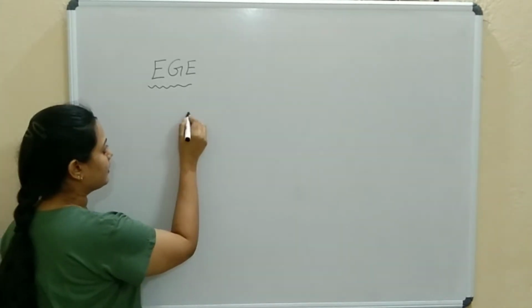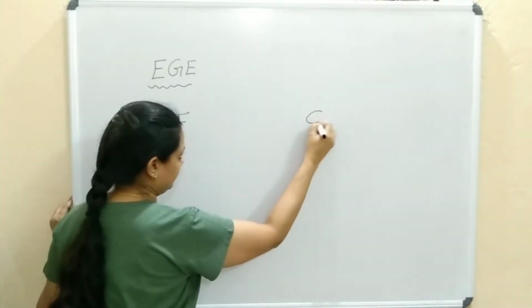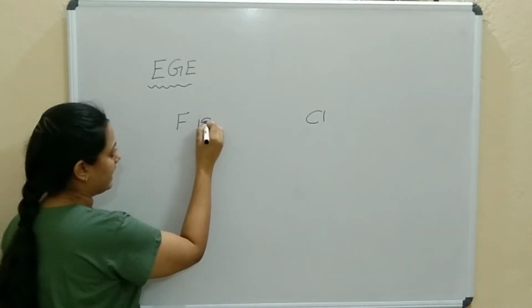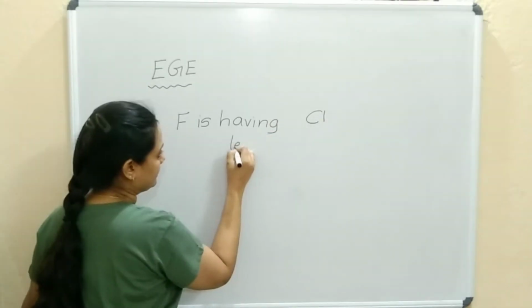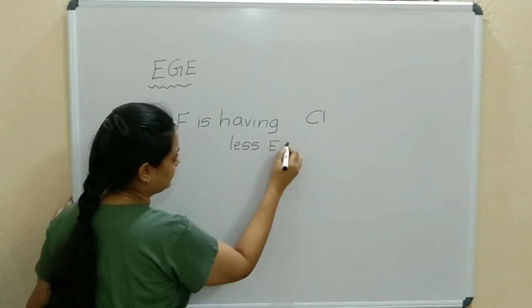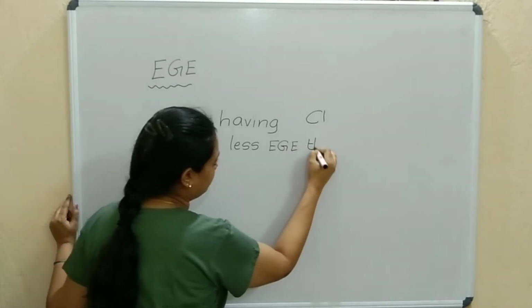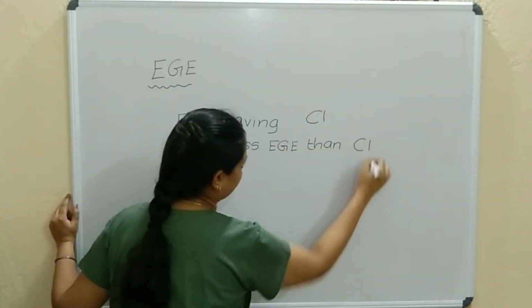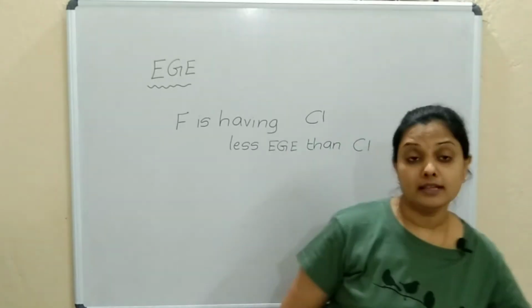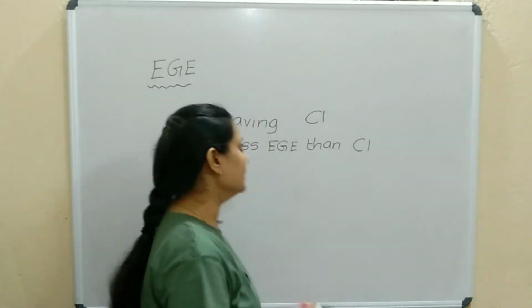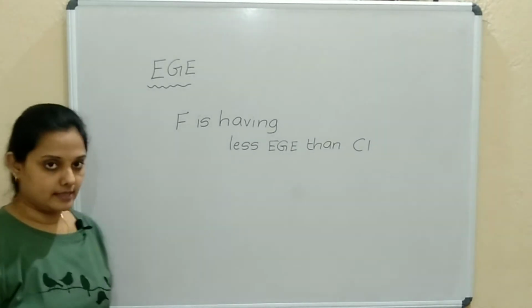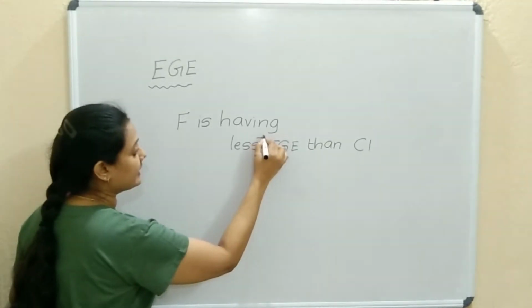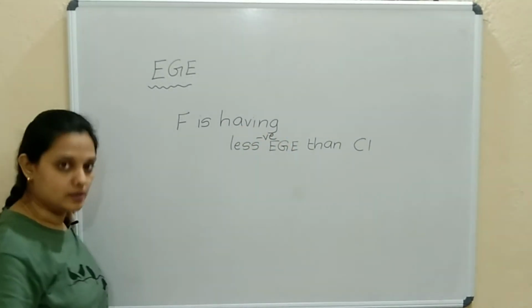So we will compare fluorine and chlorine. Fluorine is having less electron gain enthalpy than chlorine. Fluorine has a less negative EGE value than chlorine. What is the reason for this?